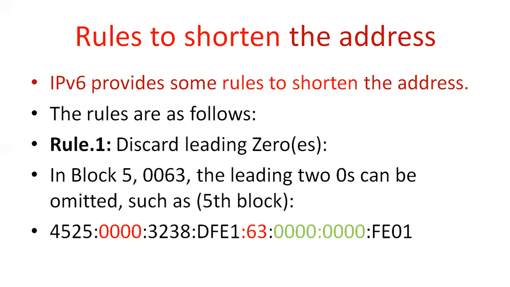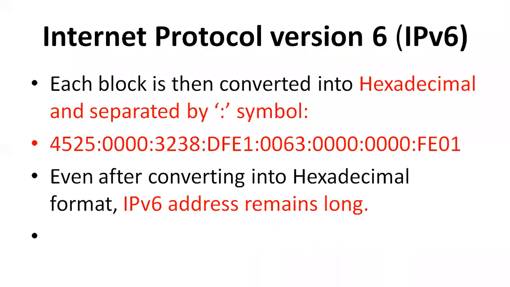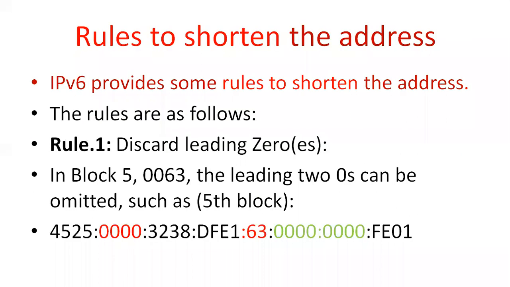What are the different rules here? The first rule is to discard the leading zeros. For example, block 5 consists of 0063. That means it has leading zeros, and the leading zeros can be omitted.